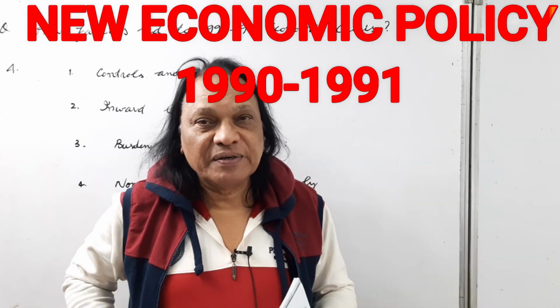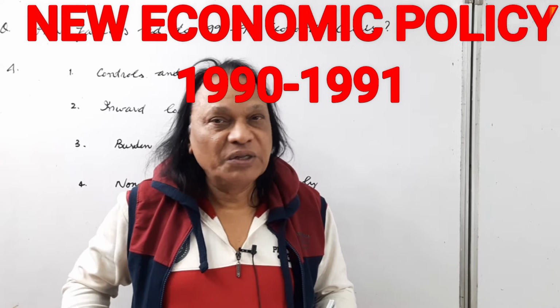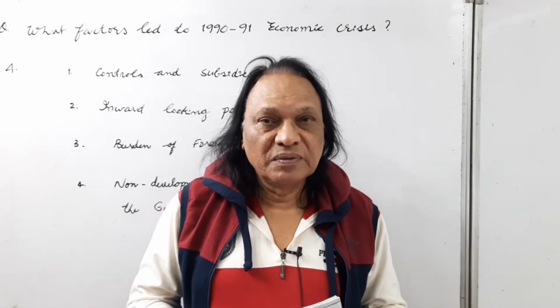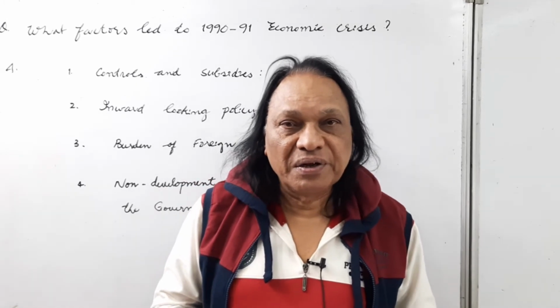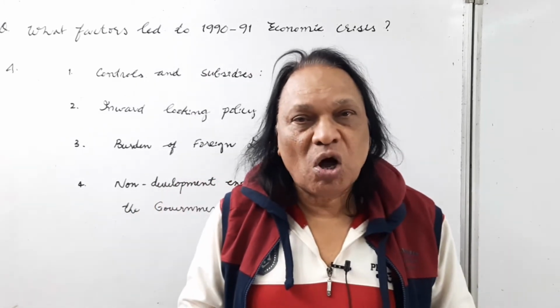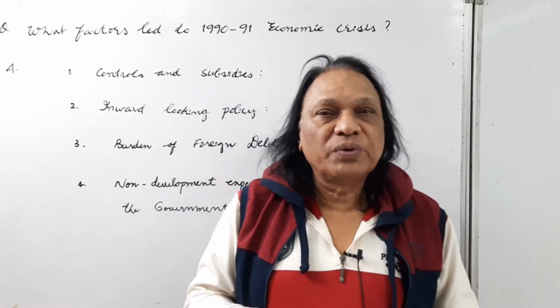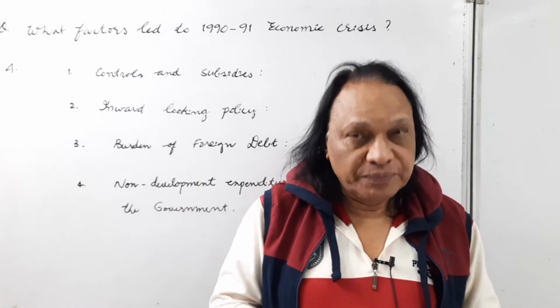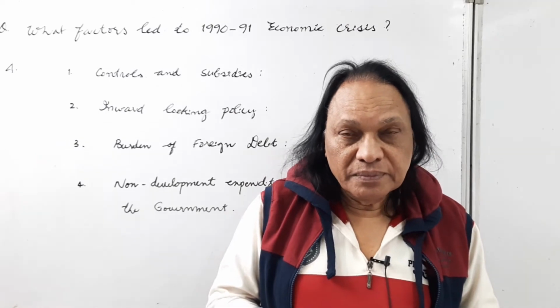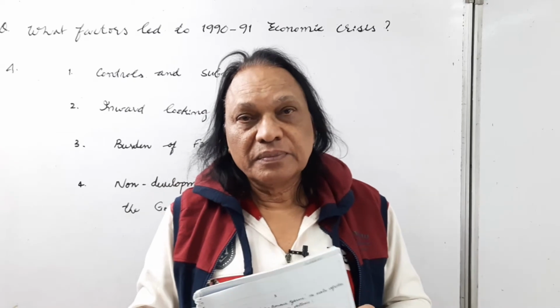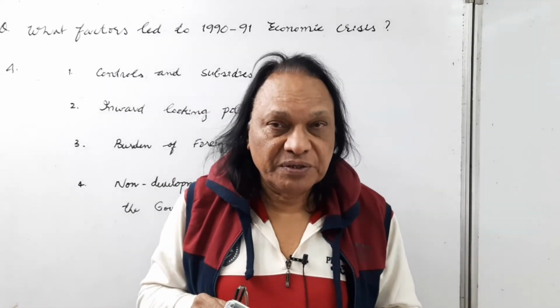Today we are discussing the new economic policy of 1991. What factors led to the new economic policy of 1991? I told you, in 1991 the economy was in a very bad condition. There was a lot of fiscal deficit.